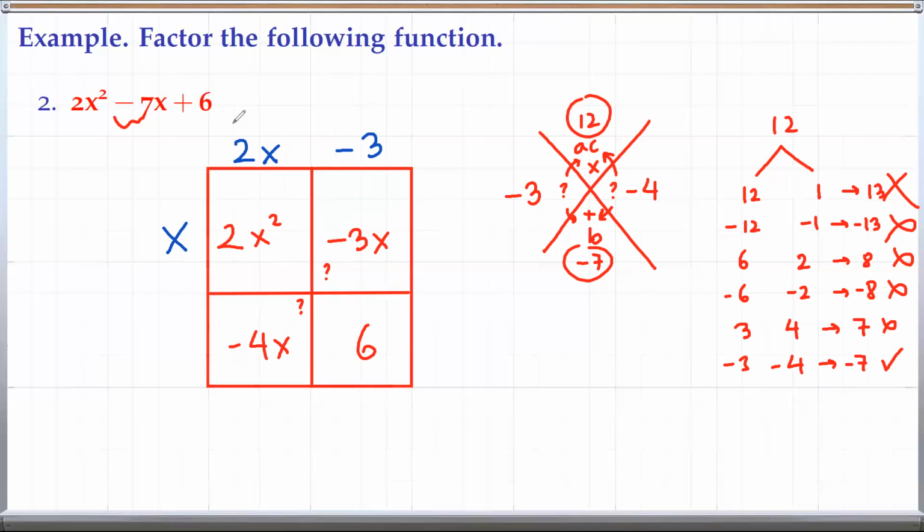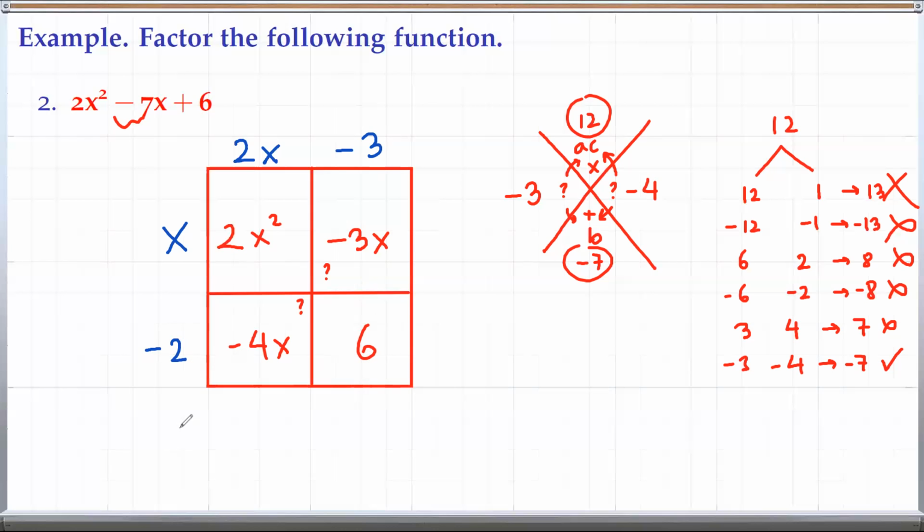Now we can look at this 2x. 2x times what will give us -4x? 2x times -2 will give us -4x, because we need -4 here. We already have x, so -2 over here. And the last one we can check to make sure we did it correctly. -3 times -2 is 6, which is good.